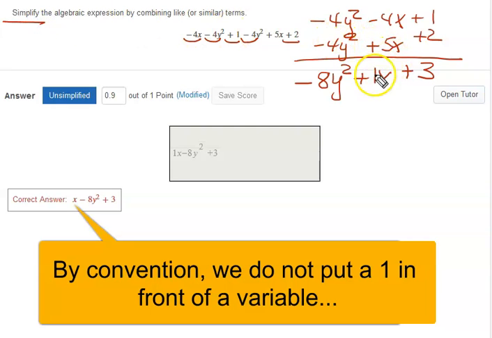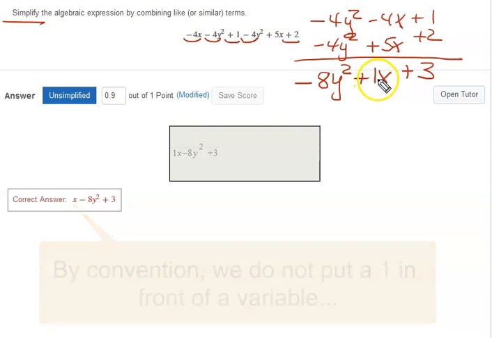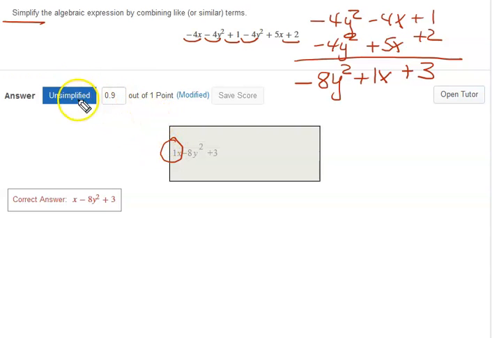By convention, if something is a 1x, we never write the 1. Now, this person did that. They took off points because they didn't simplify. They want just the x. Now, the order listed is not significant. They will accept it this way or this way, but you can't have the 1 in front of the x. They'll take off for that.